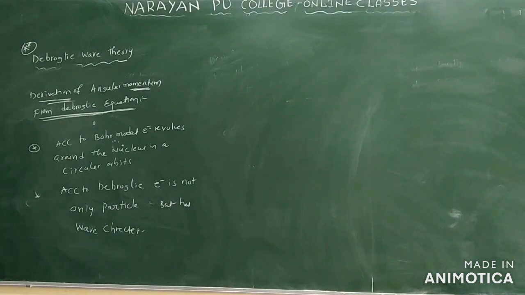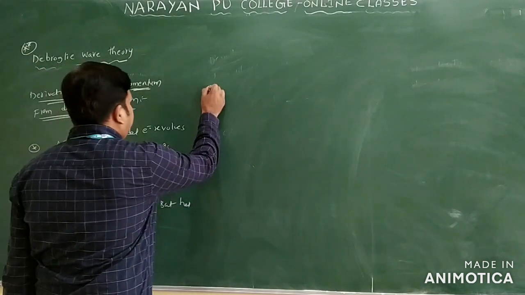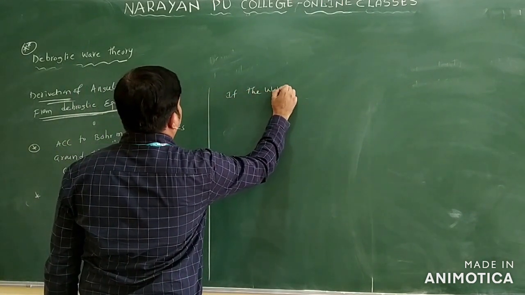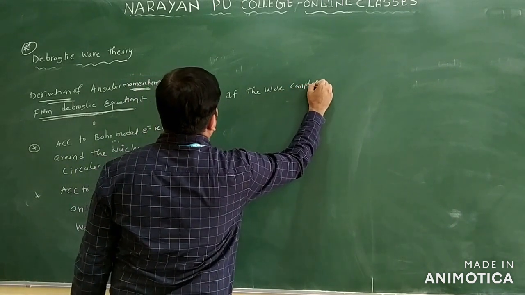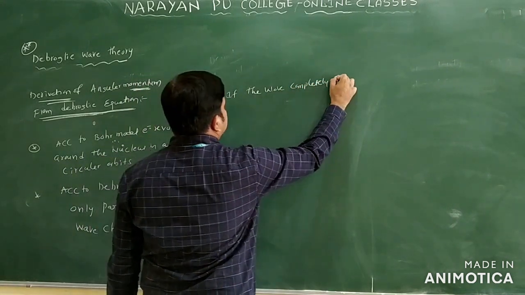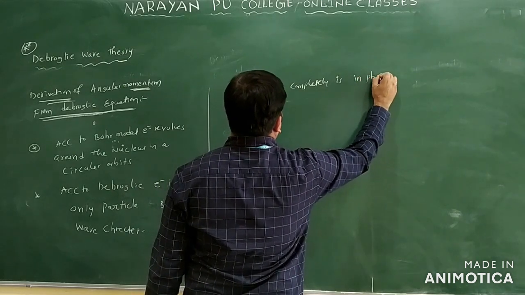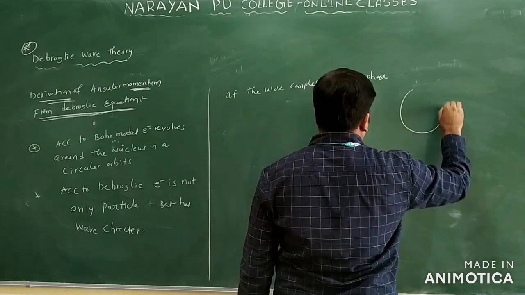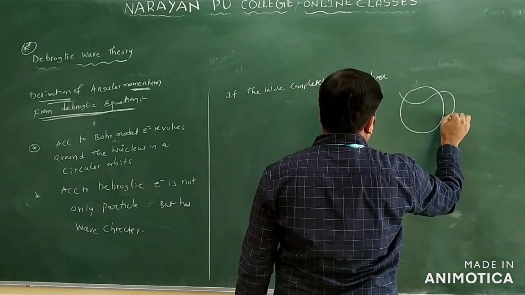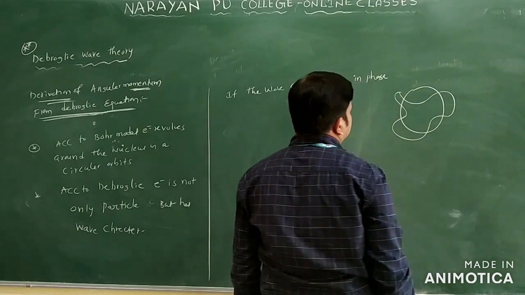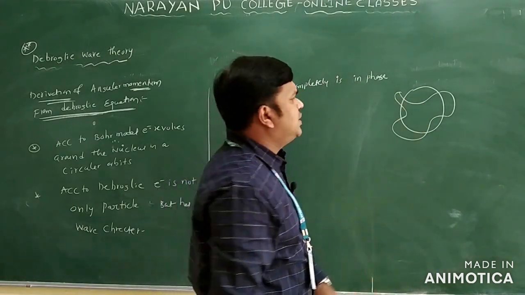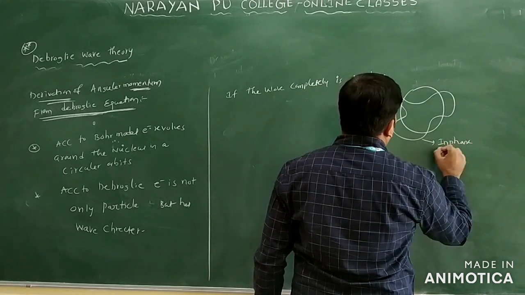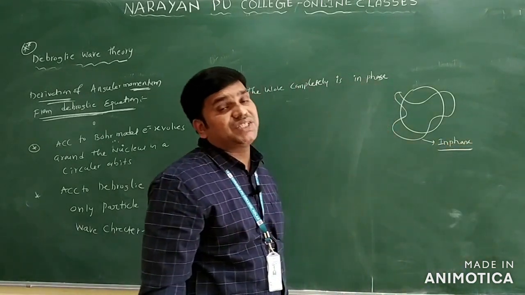If the wave is completely in phase, this is one of the points I am writing here. So this is the wave we have. The wave is completely in phase. If the wave is in phase, this is called a stationary orbit.